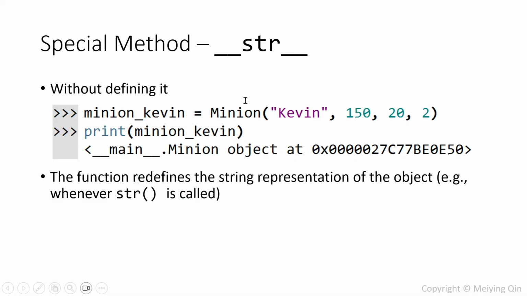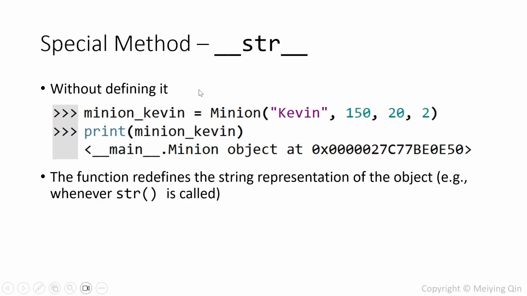Now we also have, if you check the same Python file in demo minion, you will see that we have another special method, dunder string or str. Now, what happens if we didn't define it? I want to show you what is the point of including this and what happens if we don't.